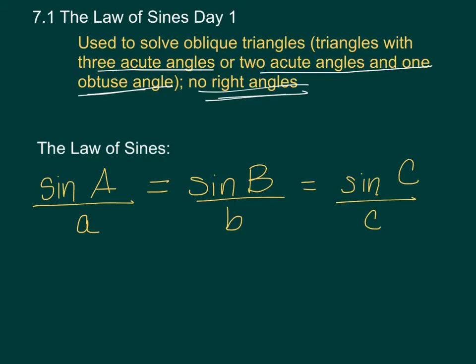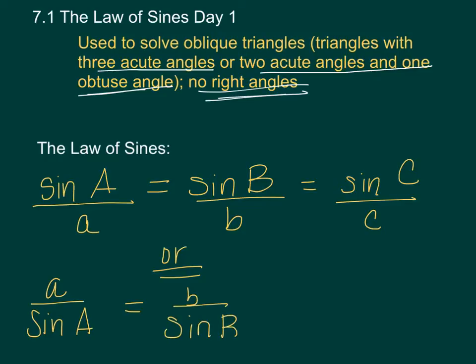You can set it up where the angle is on top, or you can set it up so the sides are on top and the angles are in the denominator. And usually when you're solving these, you are cross multiplying. And you can use any 2 ratios to solve the triangle.